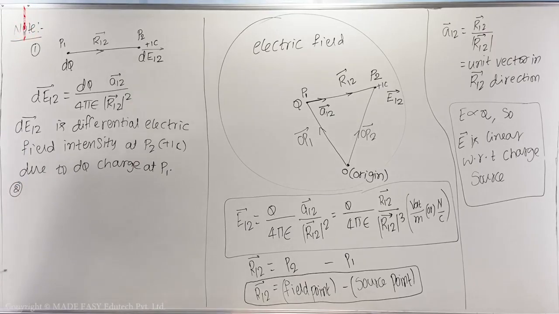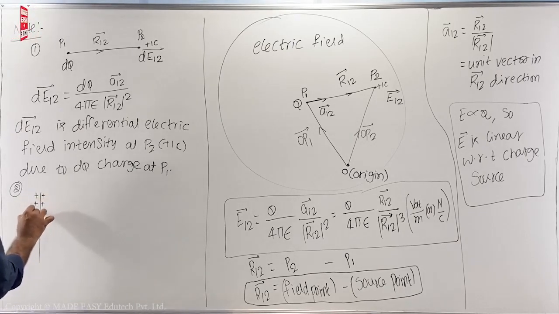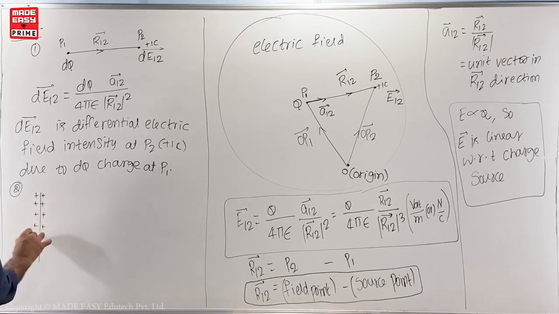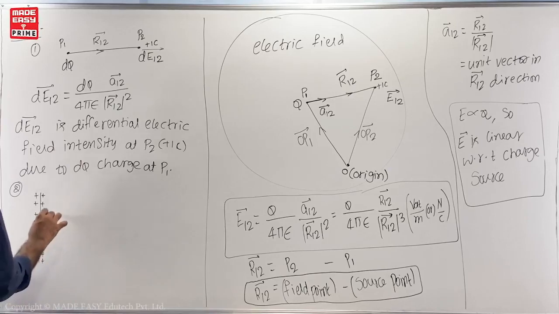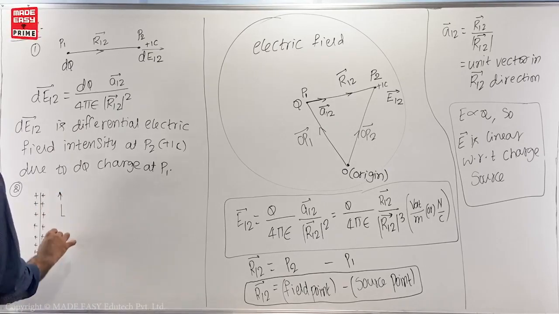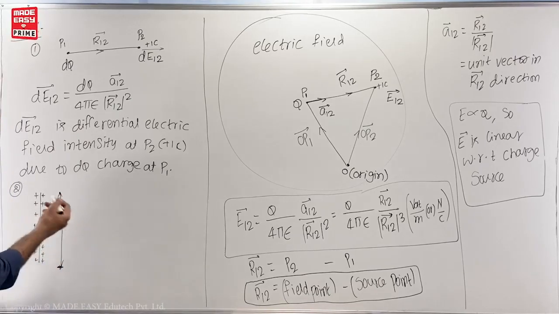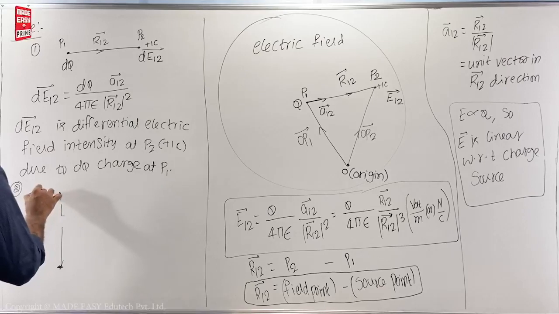Now let us write the electric field intensity due to line charge. Let us say there is a long line, and on this, everywhere charge is there like this. What is the total length of this line? Let us say total length is L. What is the line charge density on this?